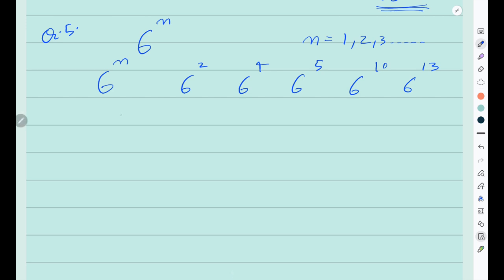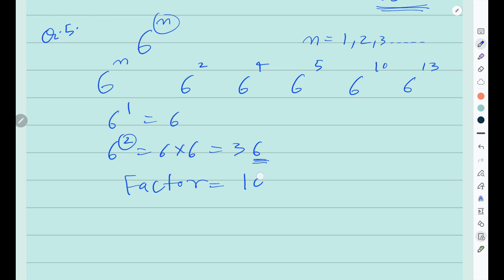Okay, so for example, I will just take 1 or 2 examples, like 6. This 6 into 6, if the value of n is 2, then it will be 36, isn't it? And this also does not end in 0. In what condition will it end in 0? It will end in 0 only if it has a factor of 10. Okay, 10 means there should be 2 and then there should be 5 as a prime factor.